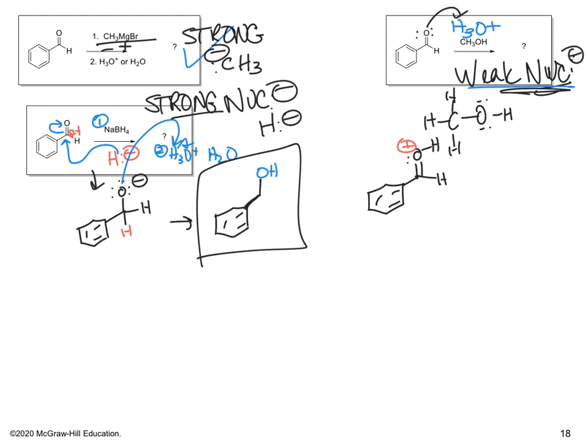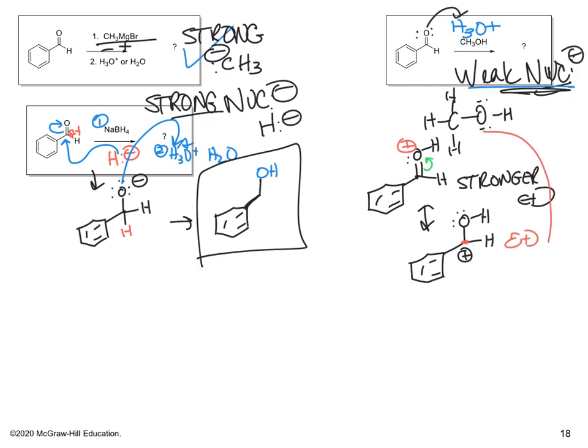And this makes it a stronger electrophile. And you can see that by the resonance structure here, where those electrons go there. And you now have a full positive charge on the electrophilic carbon. Well, now this nucleophile can come and add.